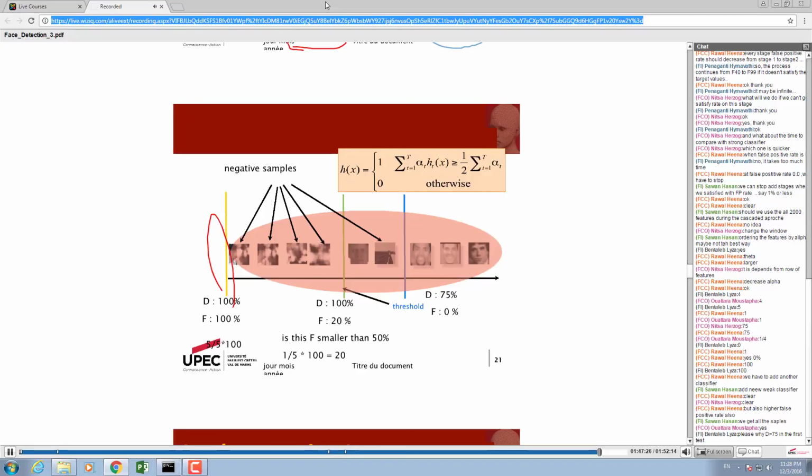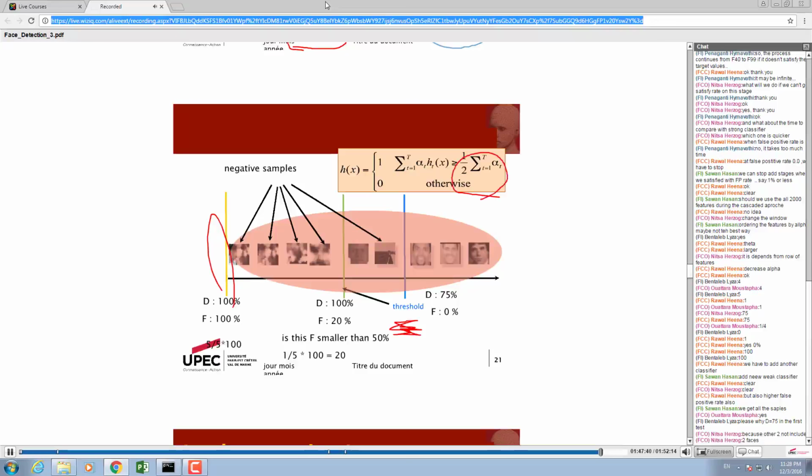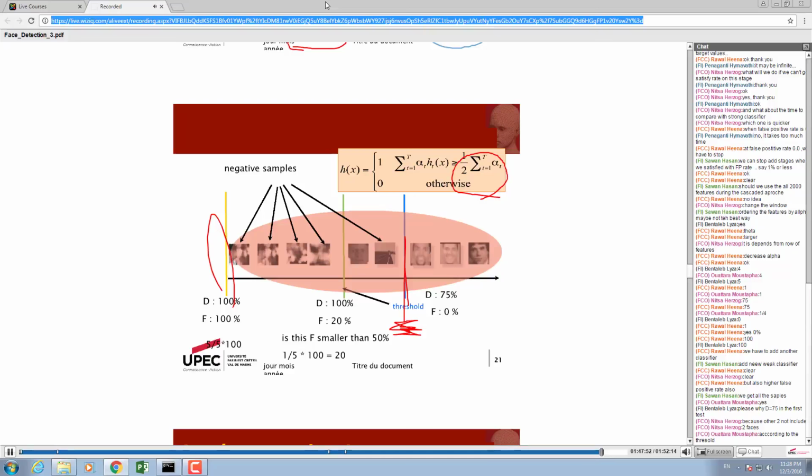Okay, I think you have one question. Why is it 75% for the first test? You mean the blue threshold, right? This is just an example. The blue is the initial default threshold from this formula, at this position.